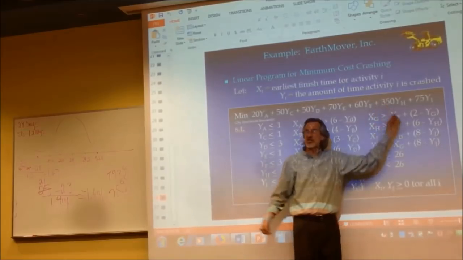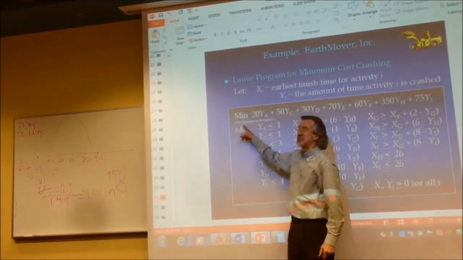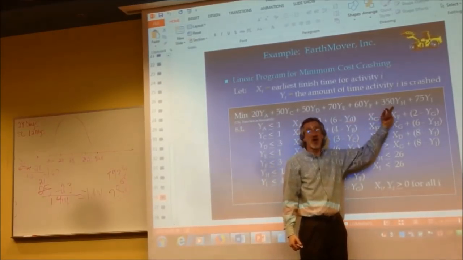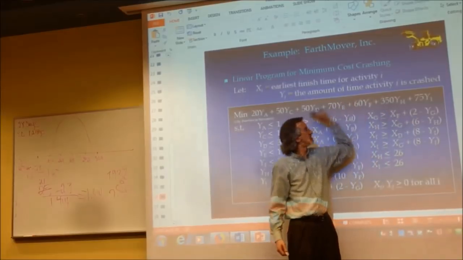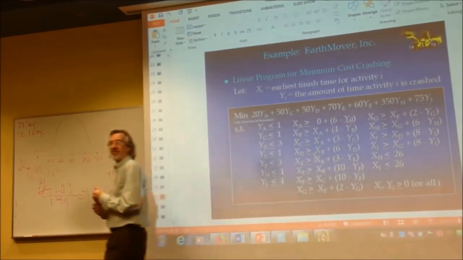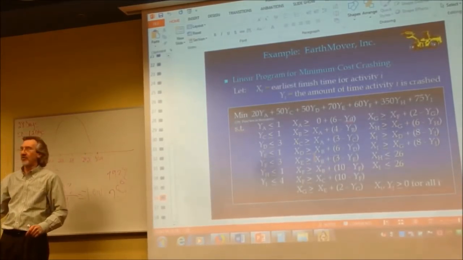The only catch, so you don't get confused, is that in order to save space, the objective function is in thousands. So that's really 350,000 per unit, so that'd be 700,000. This is the only part I put in thousands. I just left the zeros off to make it easier for the PowerPoint.